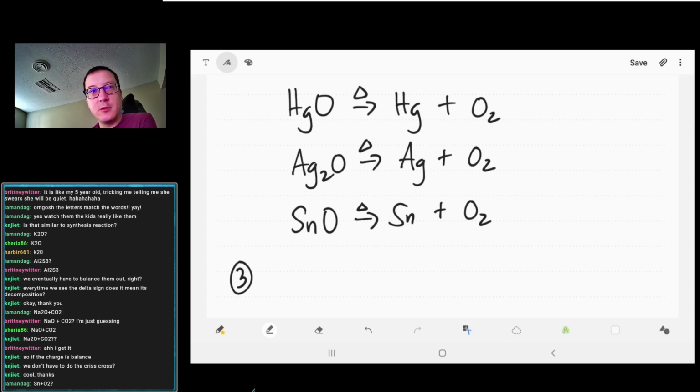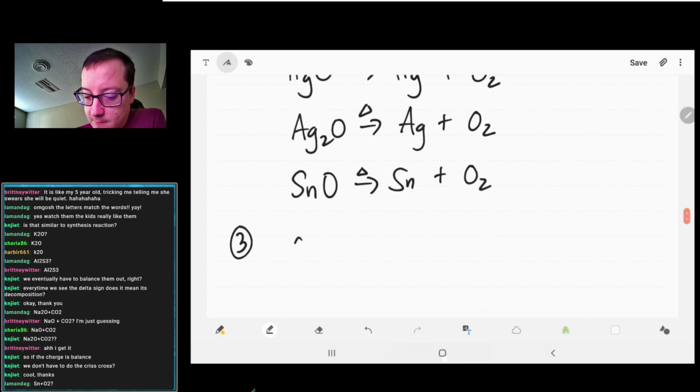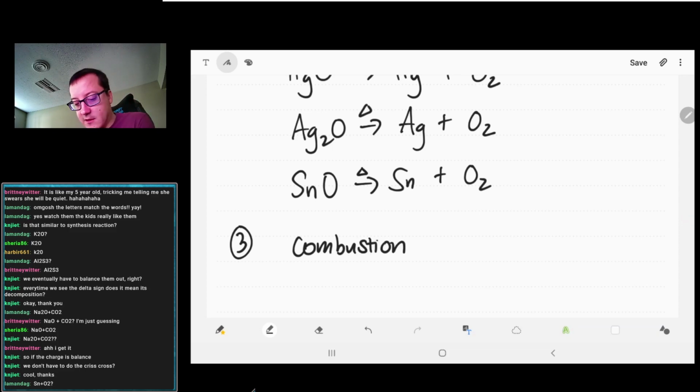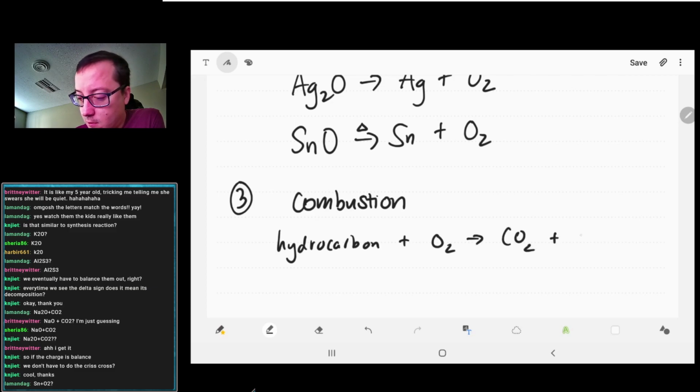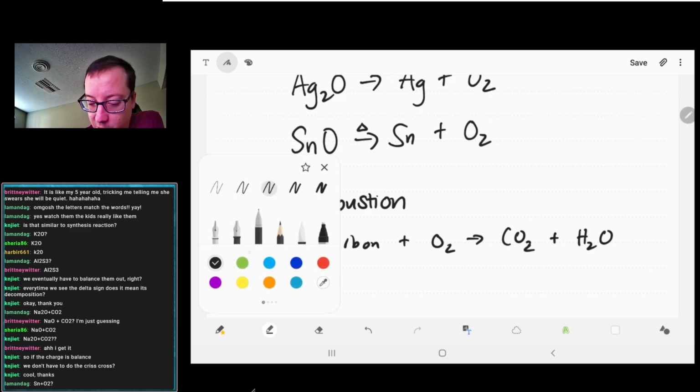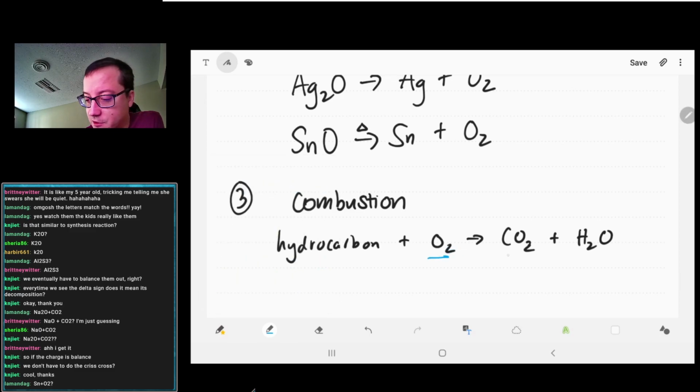Alrighty, let's move on to type number 3 then, which is a combustion reaction. This is typically some sort of hydrocarbon. While we don't necessarily have an A plus B equals C type of thing here, 3 of your components will always be the same for a combustion reaction.